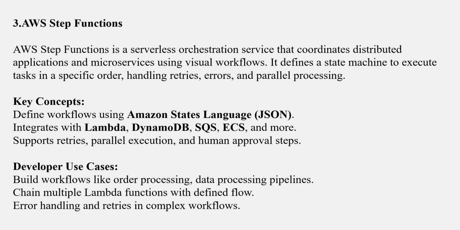In simple words, it is a serverless orchestration service for coordinating multiple AWS services into workflows. The key features or key concepts: it supports task branching and error handling for complex workflows. It integrates with Lambda, ECS, SNS, SQS, and other services.